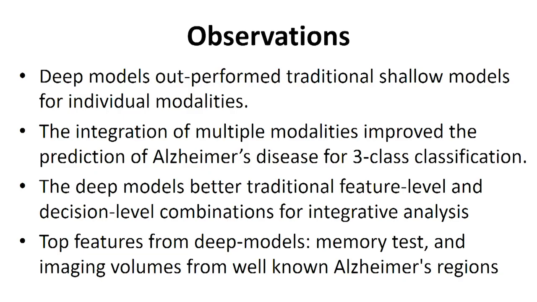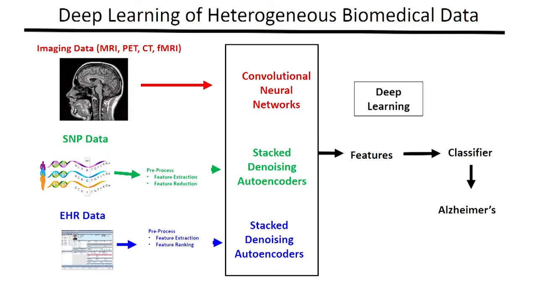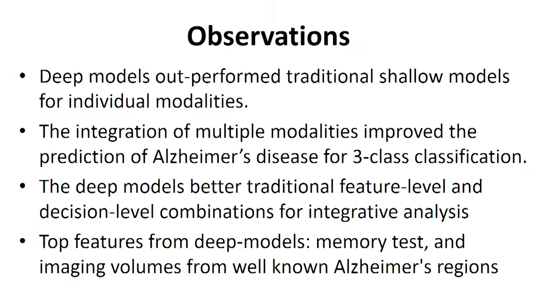By doing this with deep learning, which has some embedded robustness, it's already proven that, number one, integrated analysis is better than individual analysis. Number two, a deep model provides better results than a shallow model.